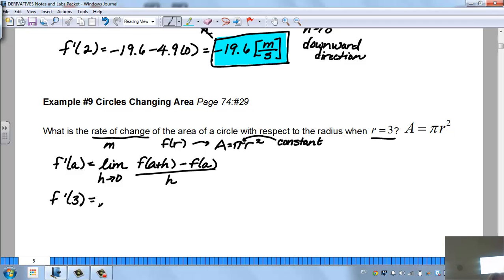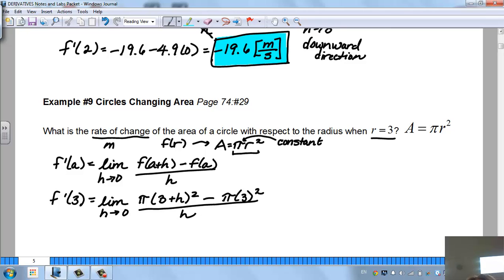So we got the limit as h approaches 0 of, now here's your formula right here, so we're going to put it in there. So it's going to be pi times 3 plus h squared minus pi times 3 squared, because that's what the radius is at that time, all over h. All right.